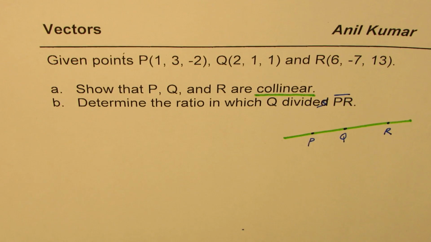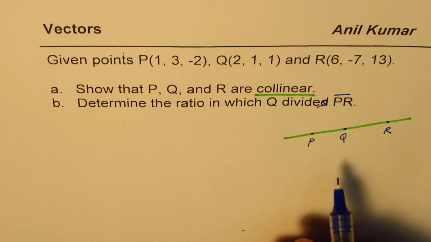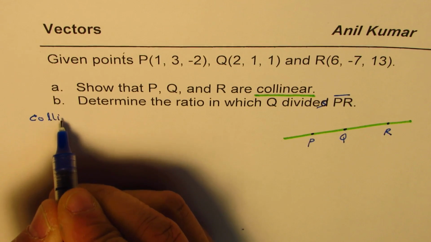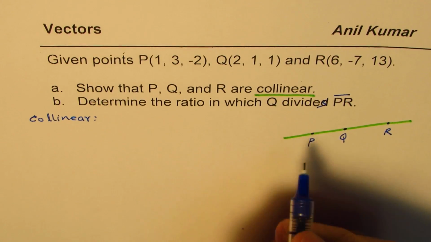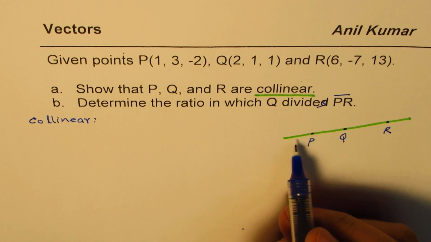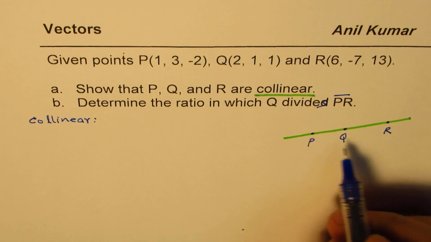Now let's see how to solve such a question. When we say collinear points, it means what? They are in the same line, right? So there is a line on which these 3 points can be placed.